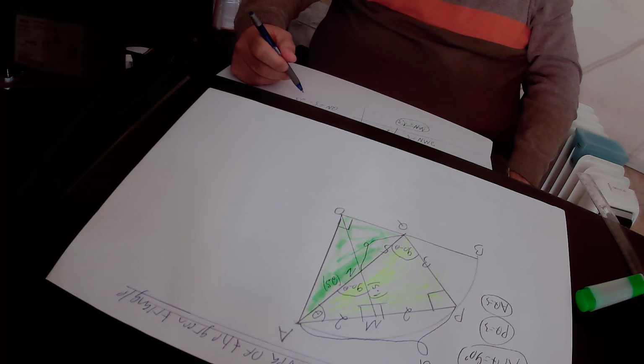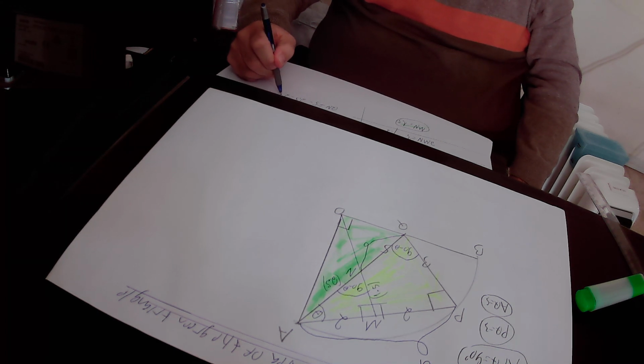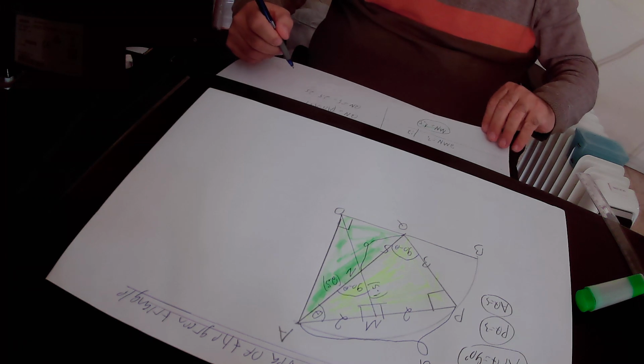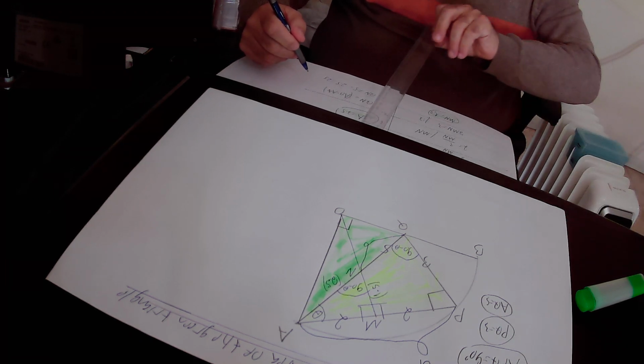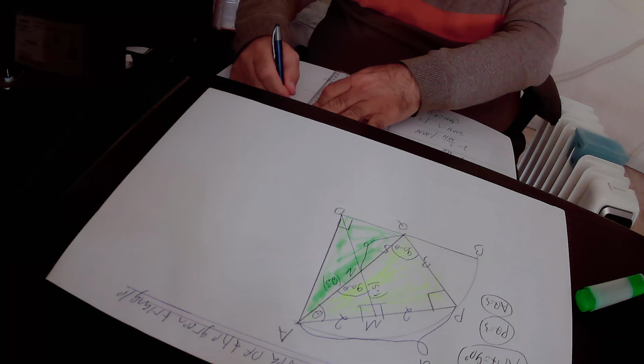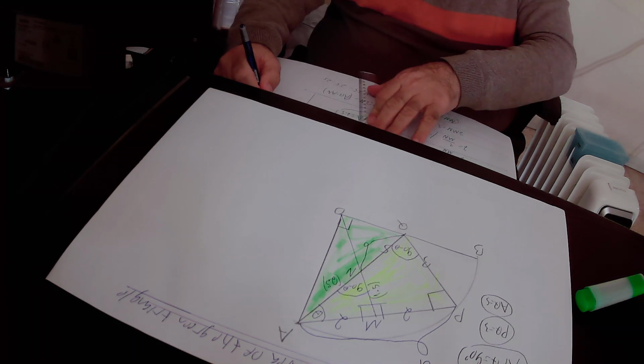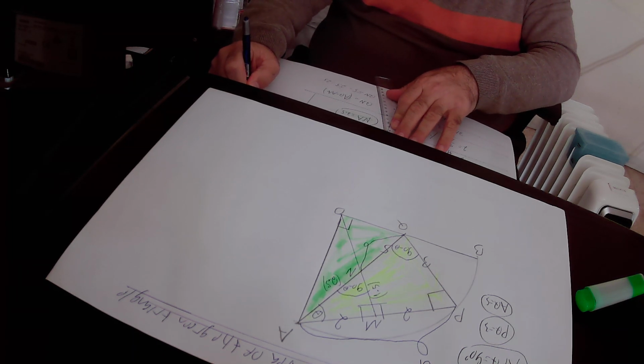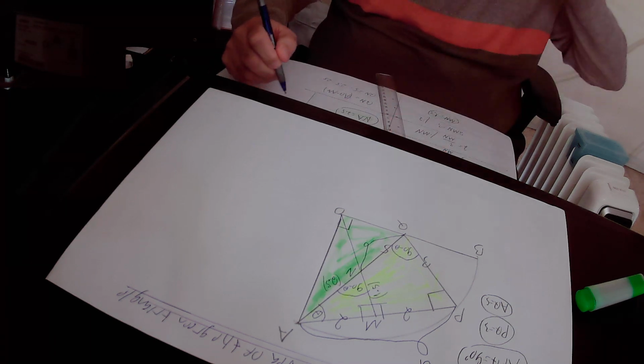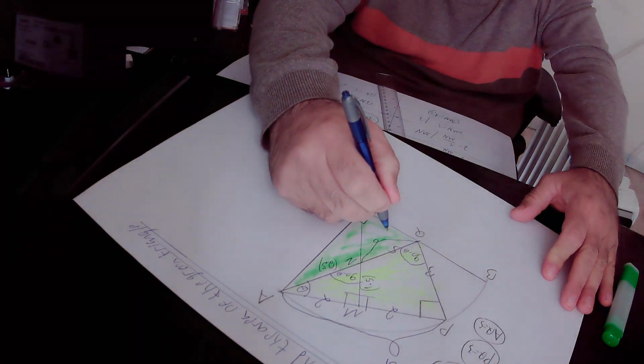QN equals 5 minus 2.5, that is 2.5. In conclusion, we found out that QN equals 2.5 units. I'll write it down: QN equals 2.5 units.